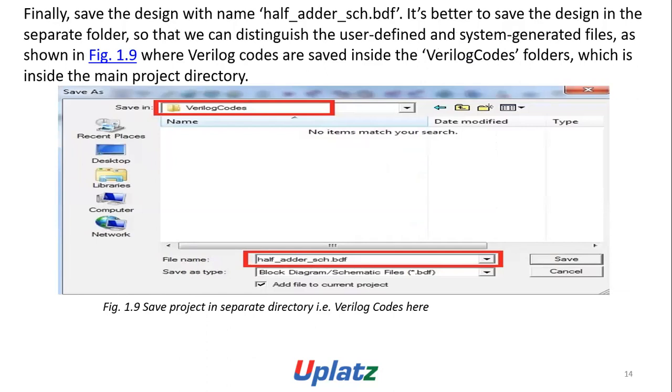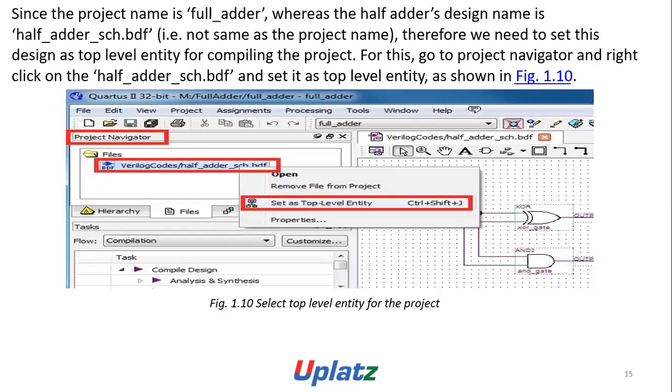1.9, where the Verilog codes are saved inside the Verilog code folder, which is inside the main project directory. Since the project name is full adder, whereas the half adder design name is half adder schematic, that is not the same as the project name.